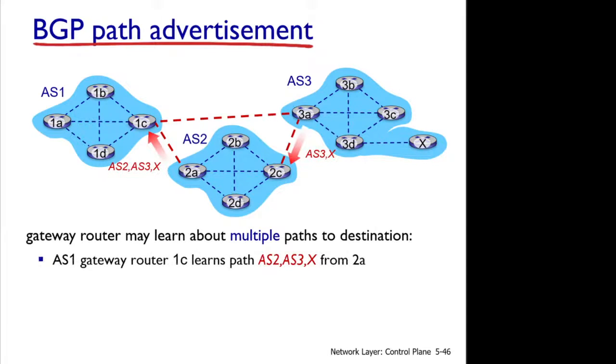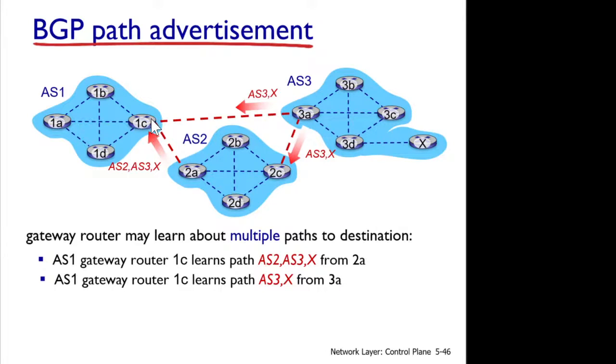In this case, same story again, X has just joined, AS3 decides to send an eBGP message here, AS3 X, gets sent to 2C. 2C then communicates via iBGP to everybody, including 2A. 2A receives it and then communicates via eBGP to 1C. And the message here is AS2, AS3. But this eBGP message would have also been sent to 1C from 3A.